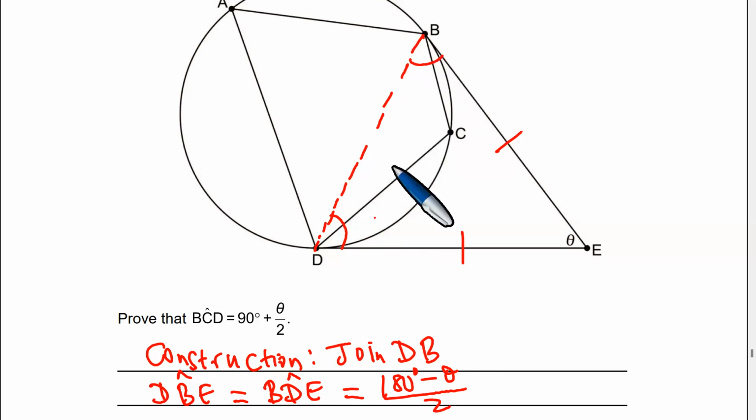Alternatively, you can add these with that to get 180 degrees because of the sum of the interior angles of a triangle. And that means at this point, we have that these two angles are equal to each other. Why are these two equal to each other?